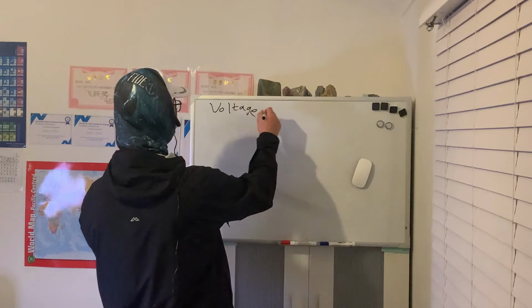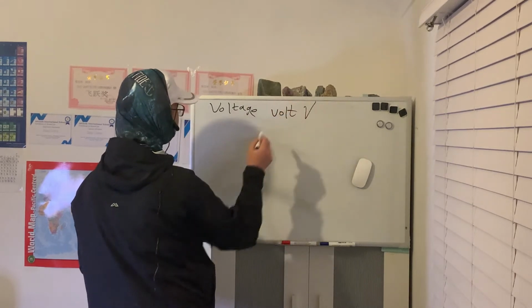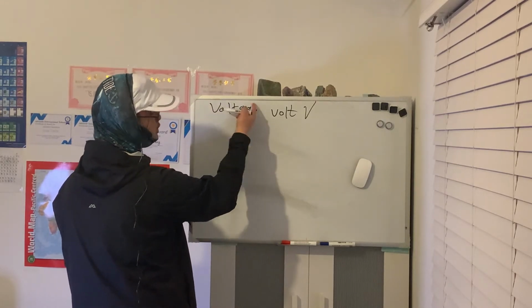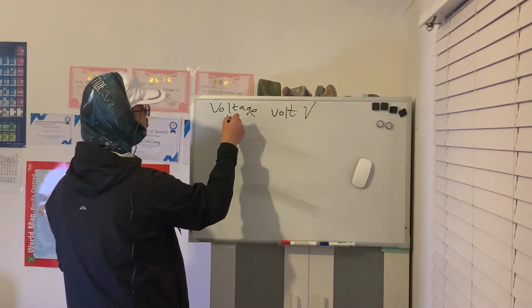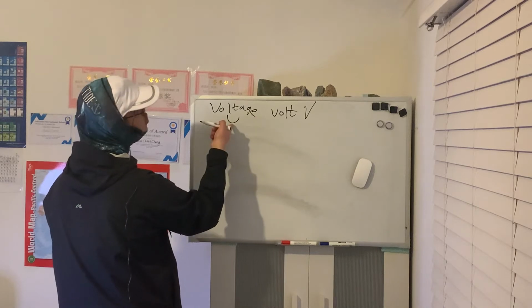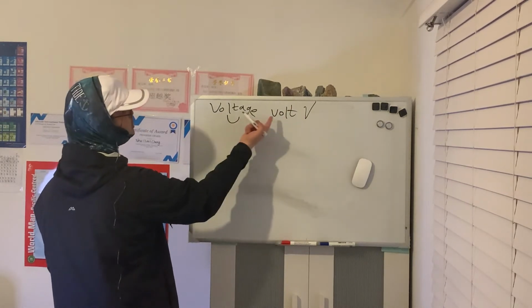The unit of voltage is the volt, which you simply write as V. The symbol of voltage is U. So the unit of U is V, the same as saying the unit of voltage is volt.